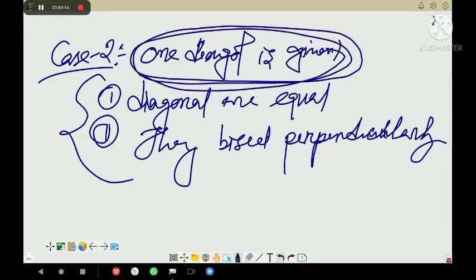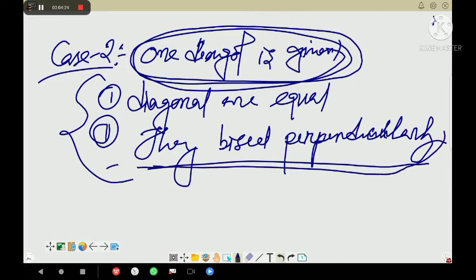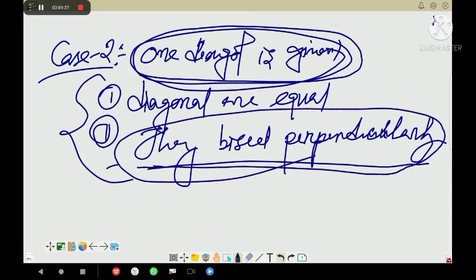One diagonal given means both diagonals are given. By using this concept, we can draw a square when only one diagonal is given.